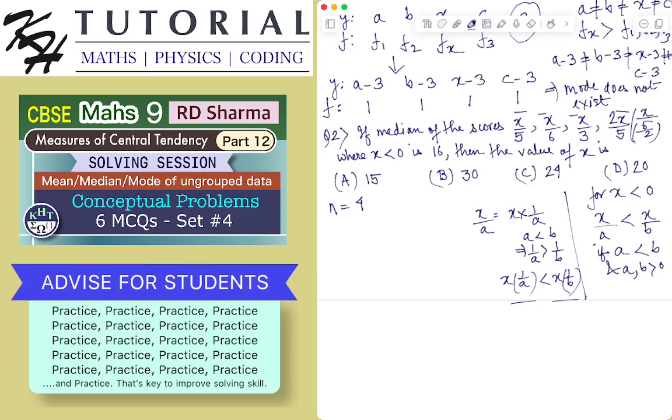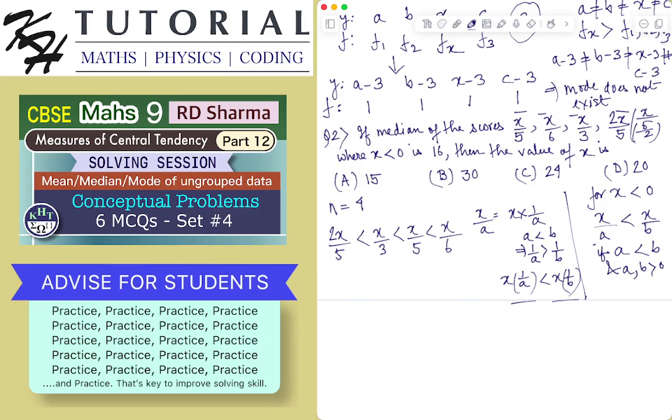So obviously I must have 2x by 5 should be less than x by 3, less than x by 5, less than x by 6, where we know that x is negative. Okay, so these are the numbers in ascending order.